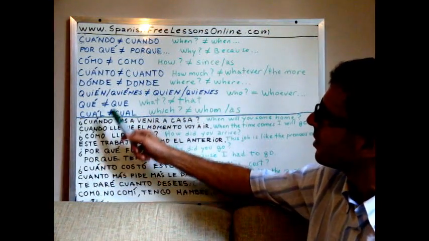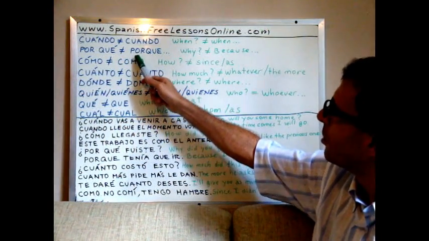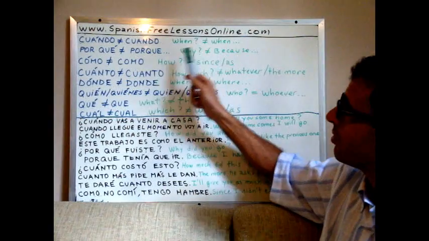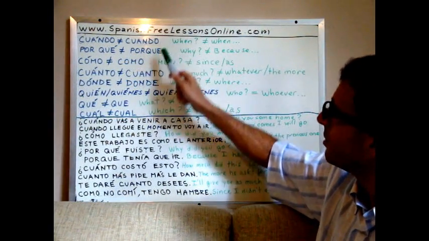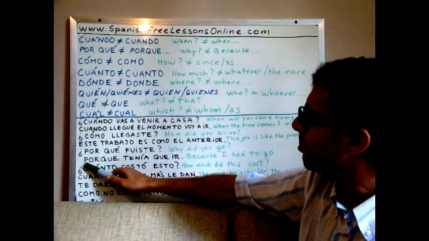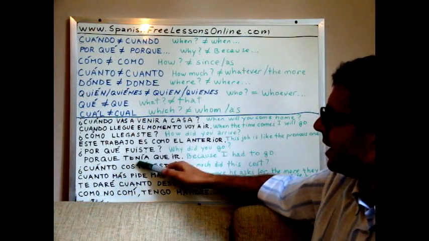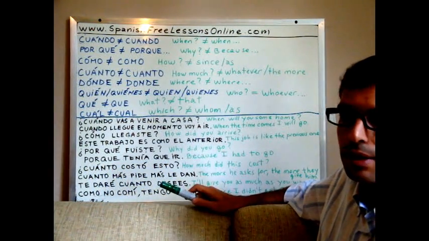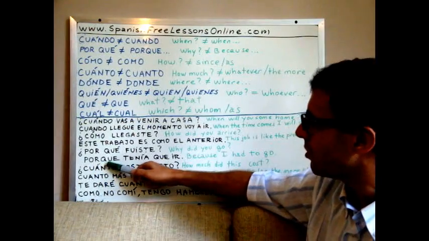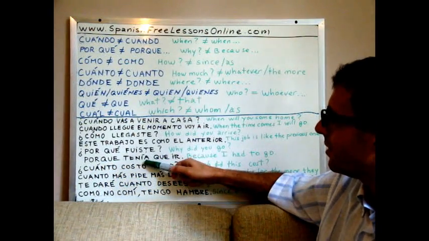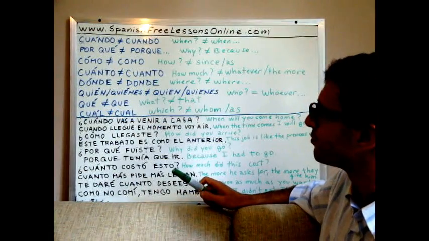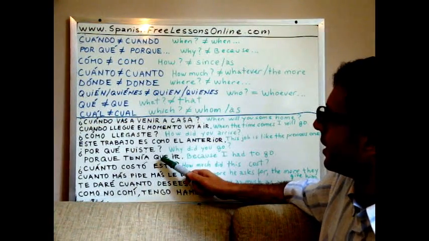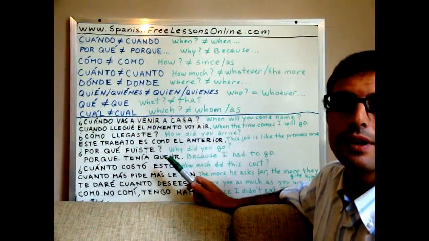The answer, porque, that means because. You can see that the word goes all together and without the tilde. Porque tenía que ir. Because I had to go. Ir means go. Que means that.